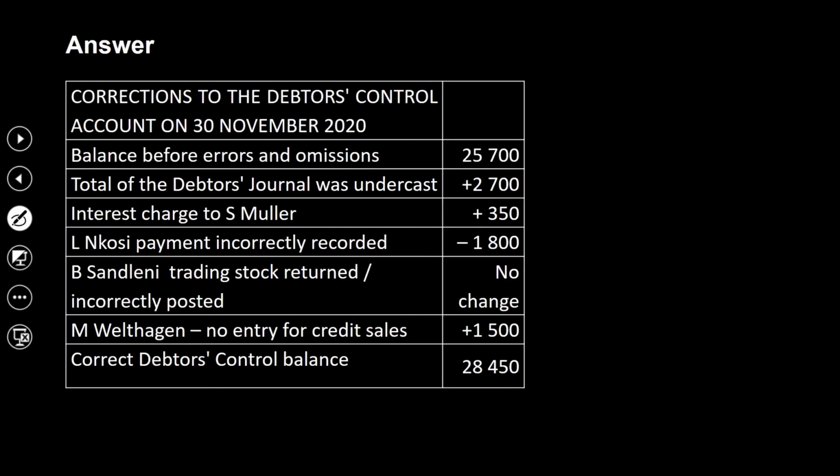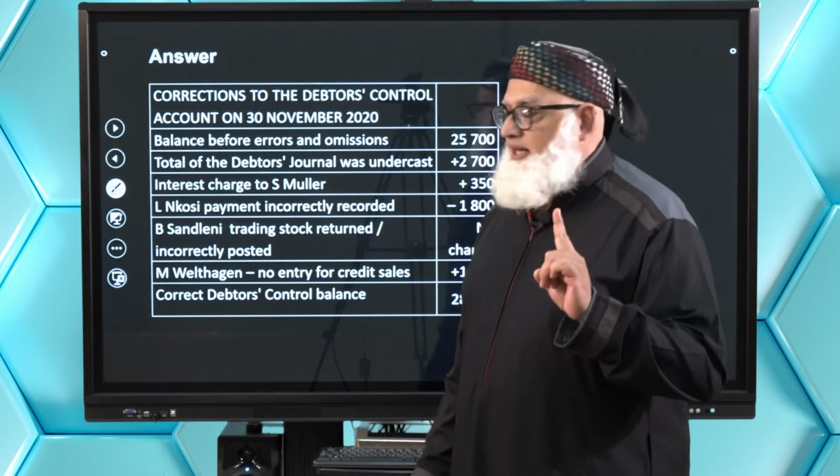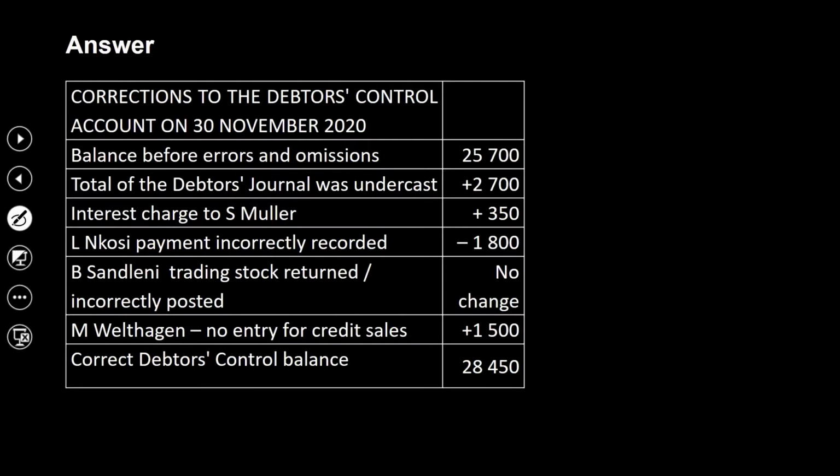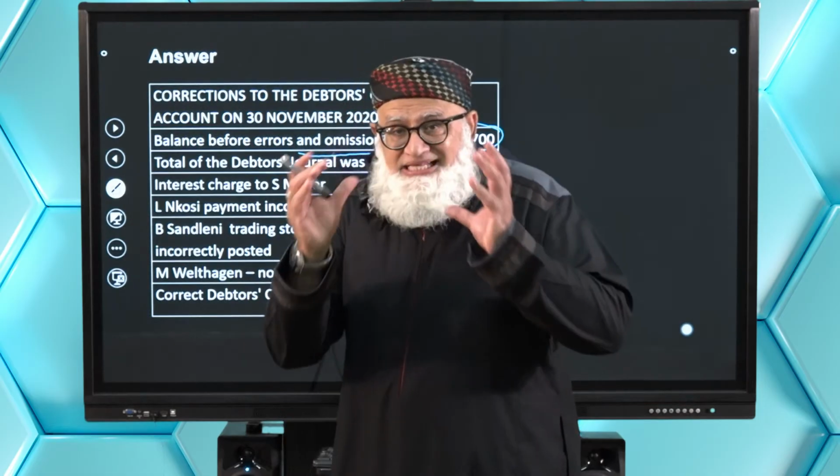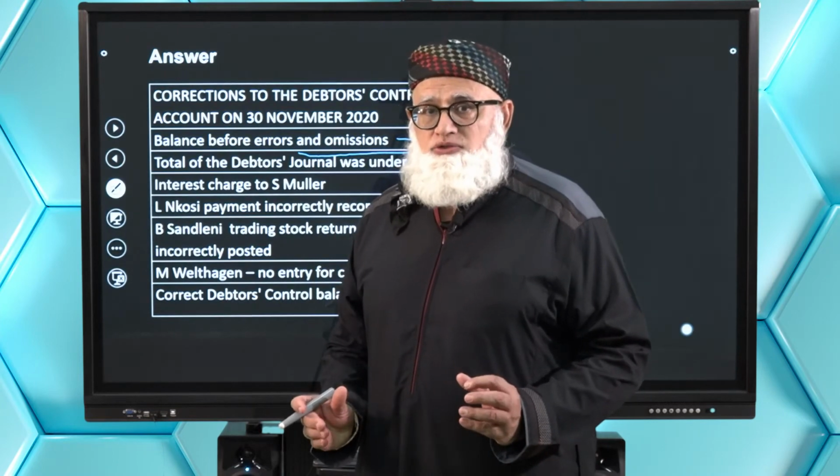Okay. We now go on to the next part, and now we look at all the corrections that we have done with regards to the control account. Right. We started off with the balance before errors and omissions of 25,700, right? Okay, guys, remember, then there was the debtors journal that was undercast, if you recall the transaction. So what I'm doing now is I'm showing you the comprehensive debtors control account, okay?